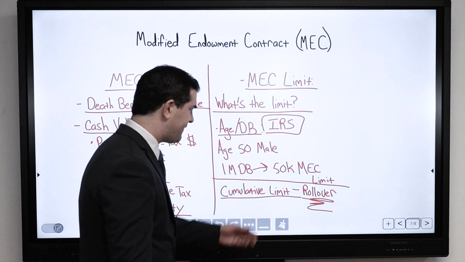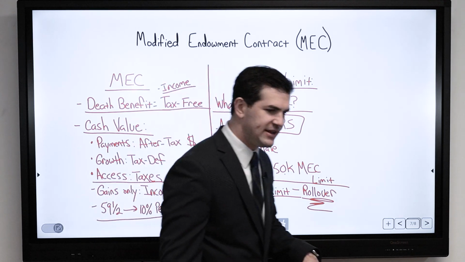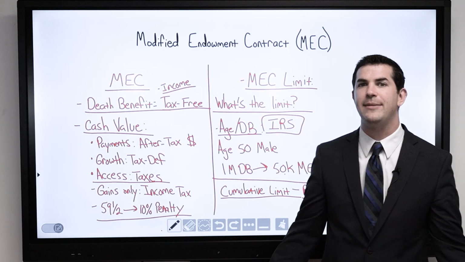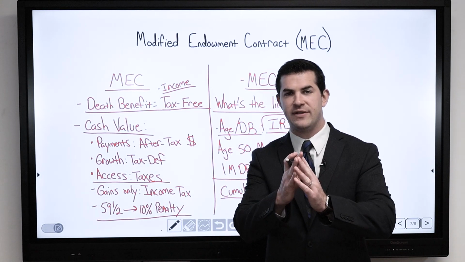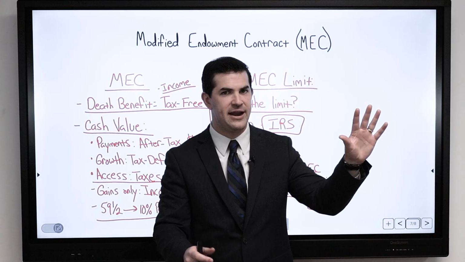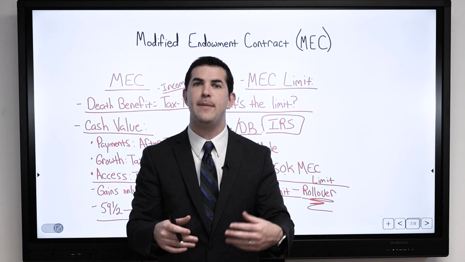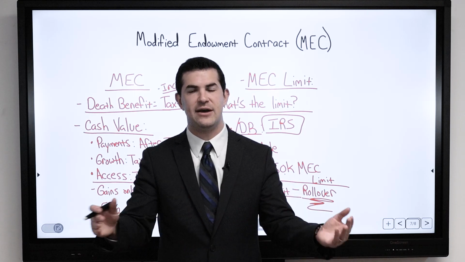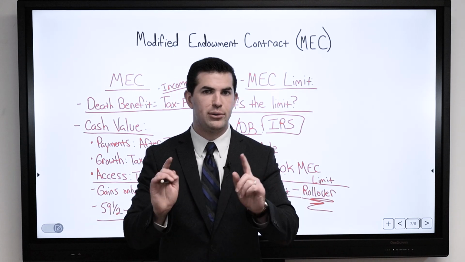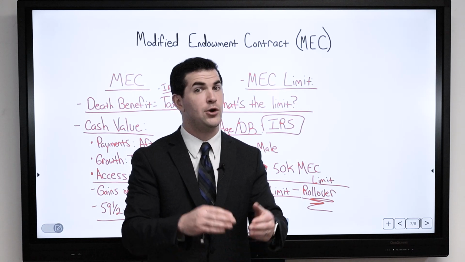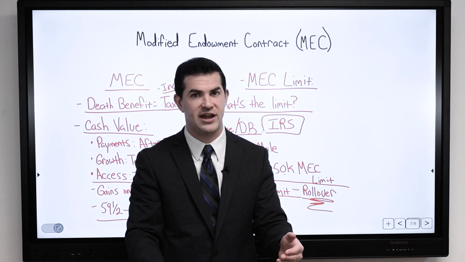For example, if I take out a policy with a $50,000 MEC limit and I pay in $10,000, that means I could have paid in another $40,000, but I only paid in 10 when 50 was my cap. So what happens is year 2, the MEC limit resets at $50,000. Each year it resets, plus any unused MEC space from the prior years actually, so it's cumulative as time passes.